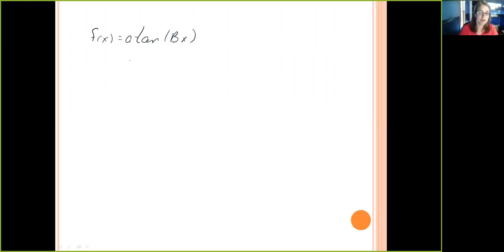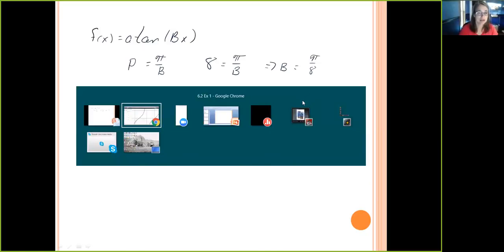I know that my period is going to be pi over that b. And I know that the period on my graph is 8. So that means b is pi over 8. Okay.